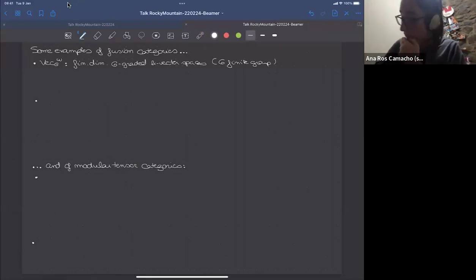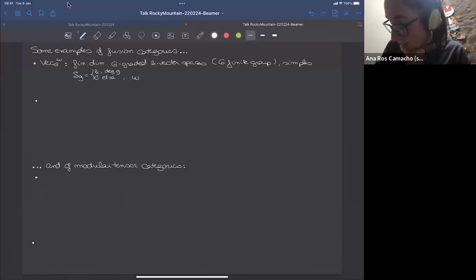I'm going to denote the simple objects by delta G. This means that this is K in degree G and 0 else.